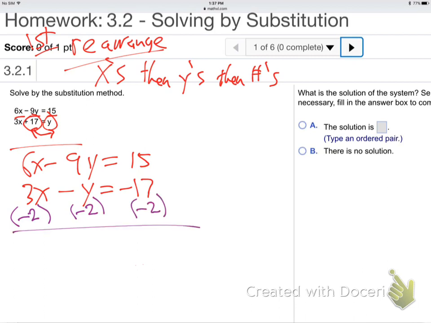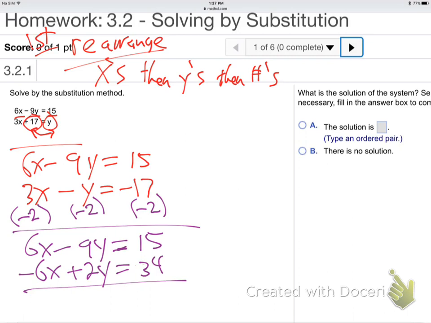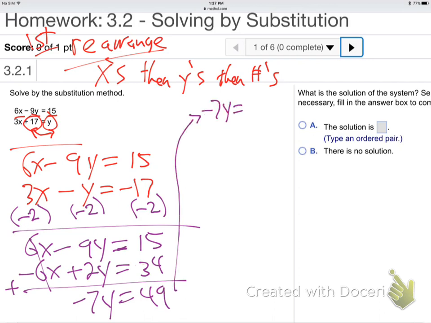Like that, right? That good? So add them up. X's cancel. Minus 7y is 49. Divide by minus 7. Y is a nice clean minus 7.